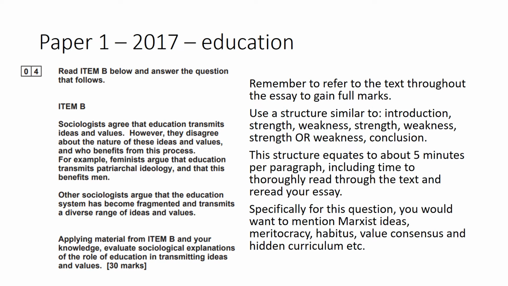Even if you just say, 'Item B briefly mentions how feminists argue that education transmits patriarchal ideology,' then that's fine. You don't need to go in depth, you just need to briefly say, in item B it says this. So that's all I can say for getting the top marks.